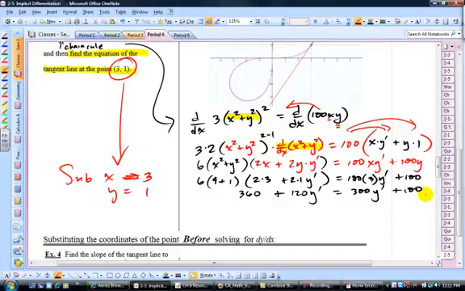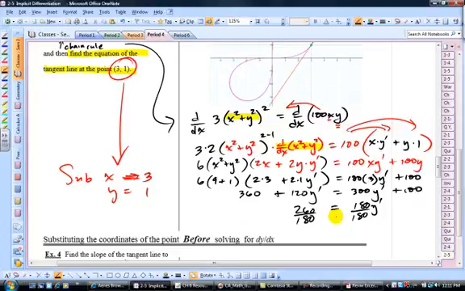We got to gather the y primes. We want y prime equal to something. So subtract 120 from 300. What's that? 180. So 180 y prime here. Subtract 100 from 360. You get 260. And then divide by 180, and we're done with the slope.